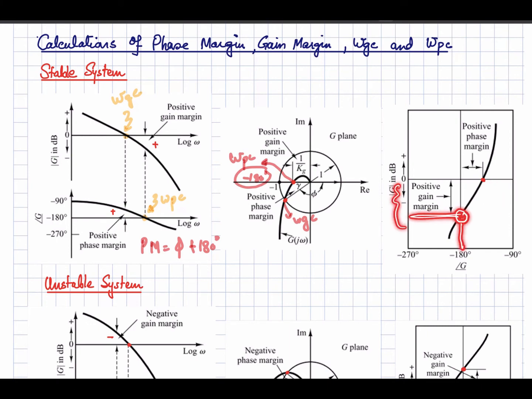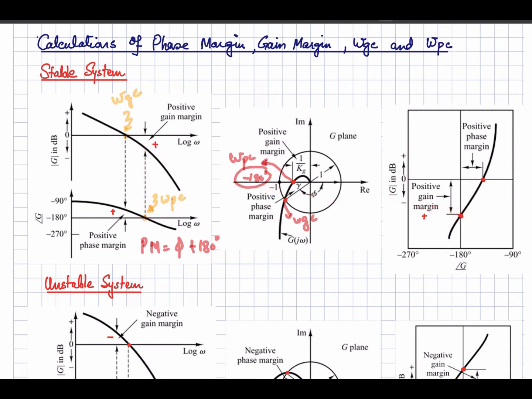So at minus 180 degree point you have this intersection, that is going to represent the stable system. If you look from here at minus 180 degree point, your gain is this one. So your gain is less than 0, right? And it is the point of minus 180 degree phase.